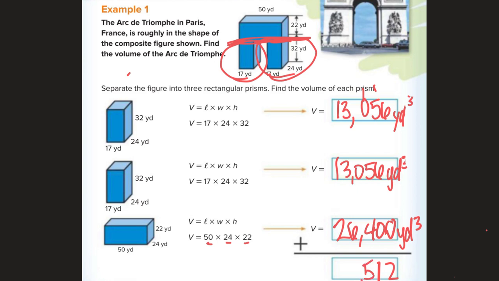A 6 and a 6 would be 12 again. And then 5. 52,512 yards cubed, or cubic yards, is the volume of this composite 3D figure.